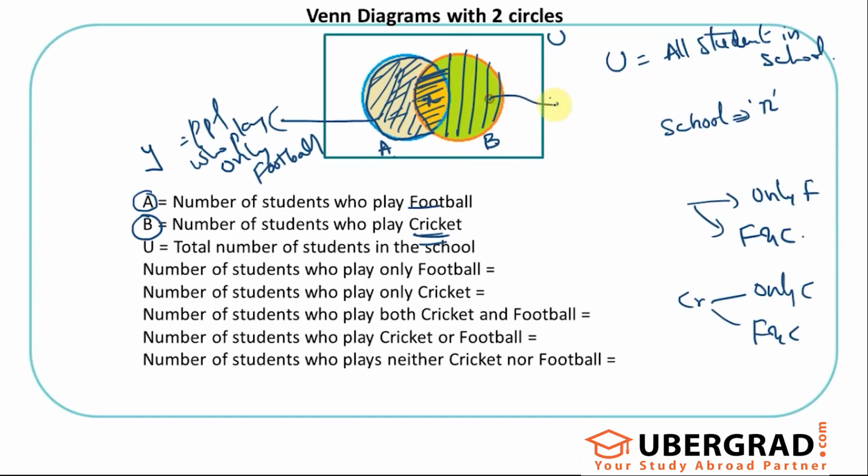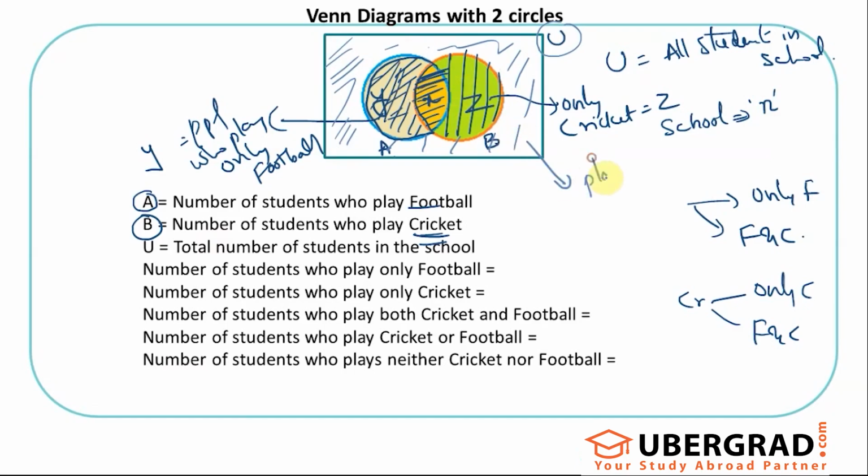So let me assume only cricket is Z. So basically this is Z, this is Y, and this is X. These are the three areas I have, and the remaining part which is not shaded, the one which is outside, would be the entire universe minus these three. That is people who play neither cricket nor football. They don't play either of the games.